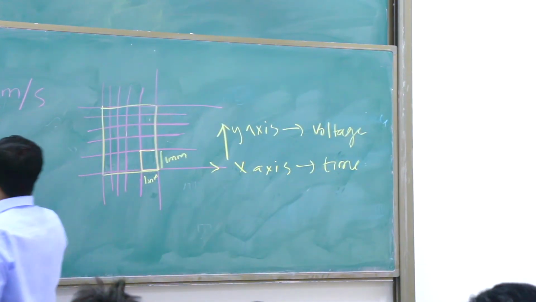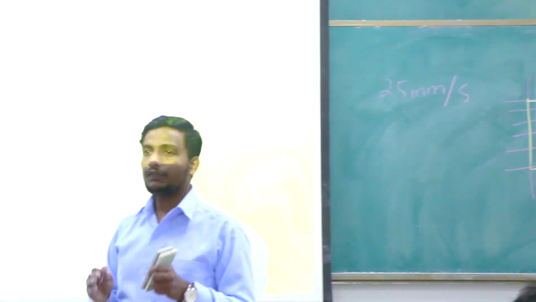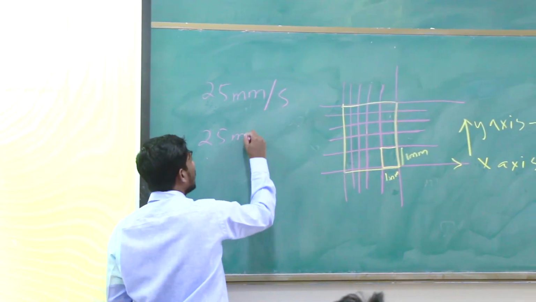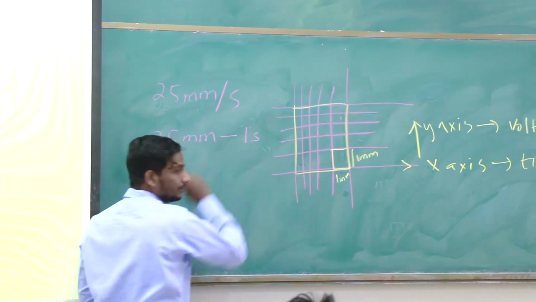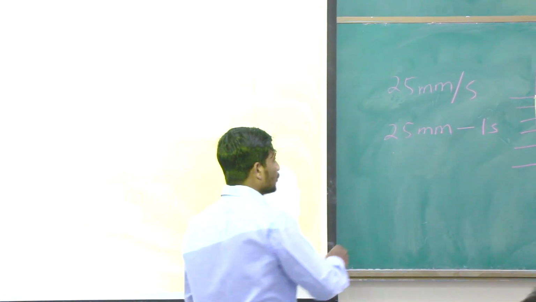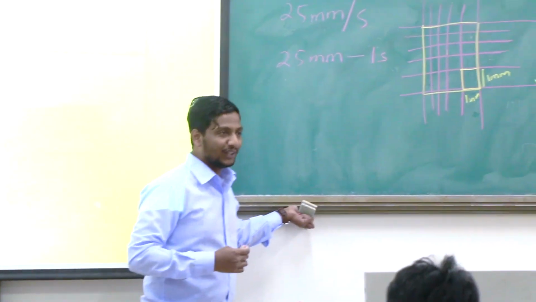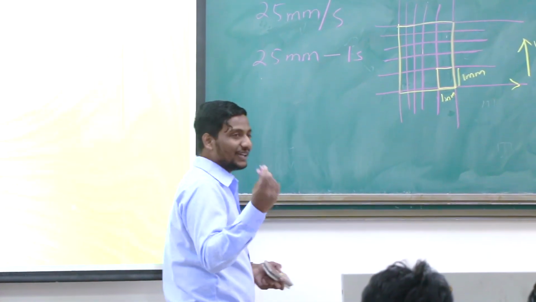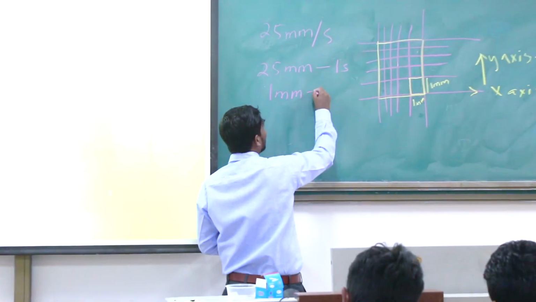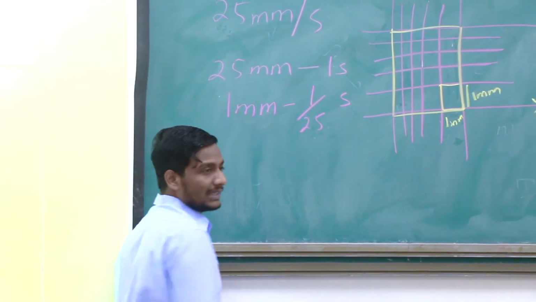Okay, now let's go back here. I told you that your ECG paper has a fixed speed. What is that? 25 millimeters per second. It means 25 millimeters will be moved in 1 second. So if I do some mathematics here, very simple mathematics, I can say that 1 millimeter is equal to 1 by 25 seconds.